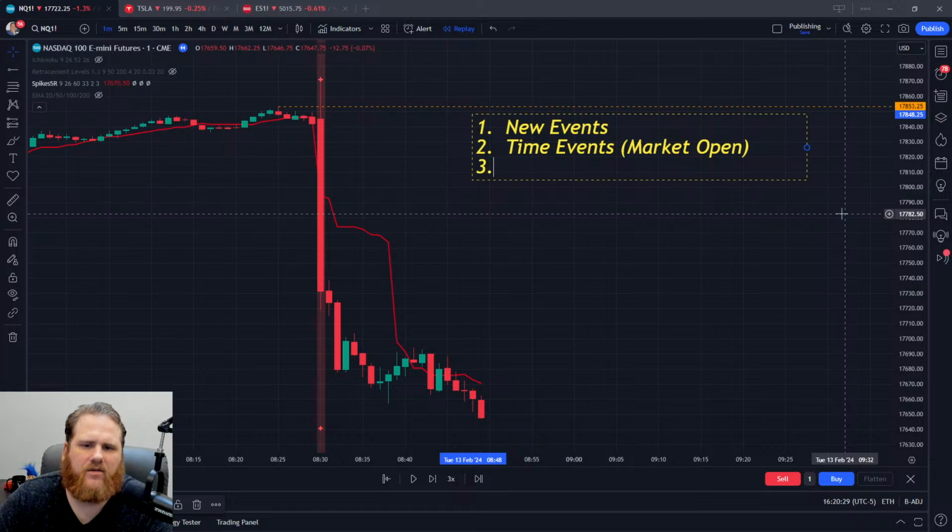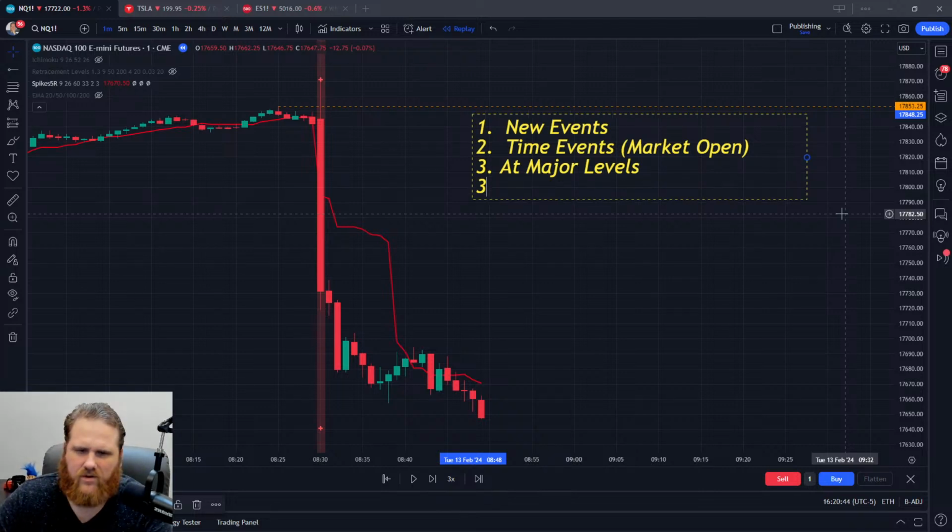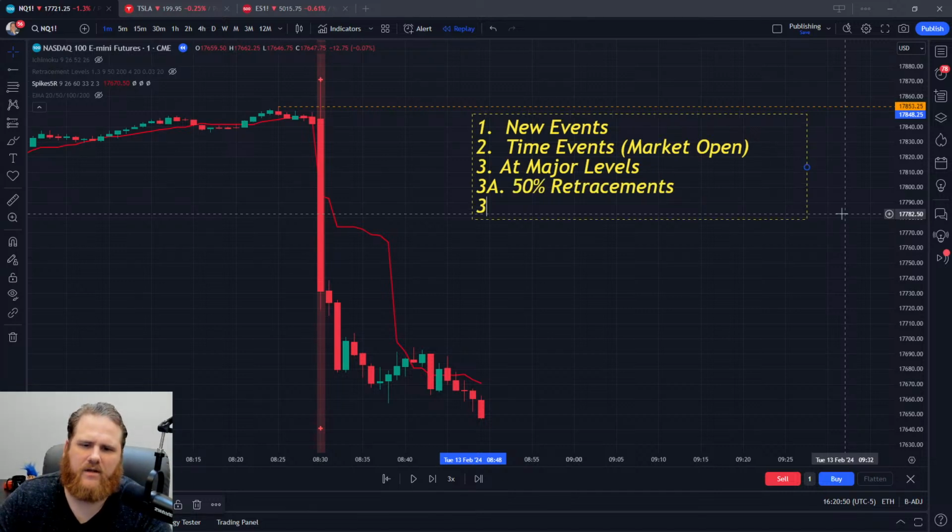And then since we can't be there for every single event like this, or they don't always give us signals, the other thing is at major levels. And that really can be broken down into 50% retracements and past high low.